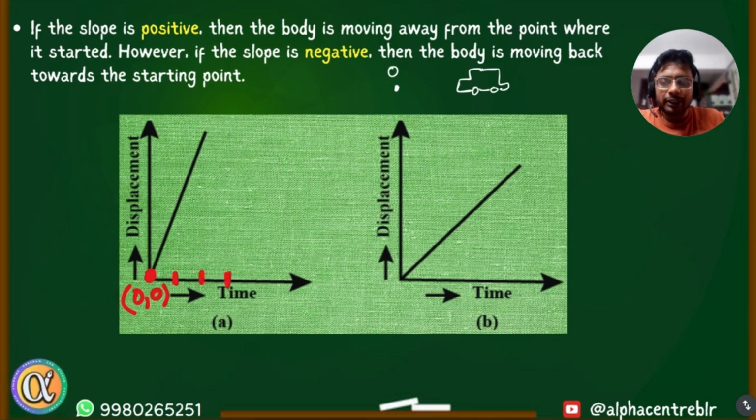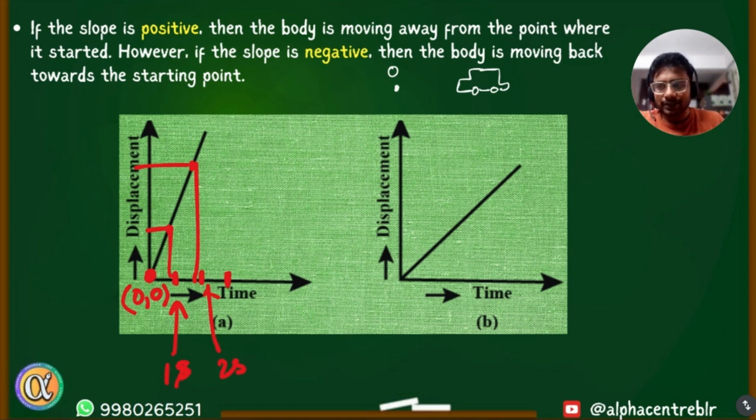This is displacement at 1 second, this is displacement at 2 second. I've not done labeling here, but just logically, where is displacement more, at 1 second or at 2 second? Certainly at 2 second, the displacement is more than at 1 second.